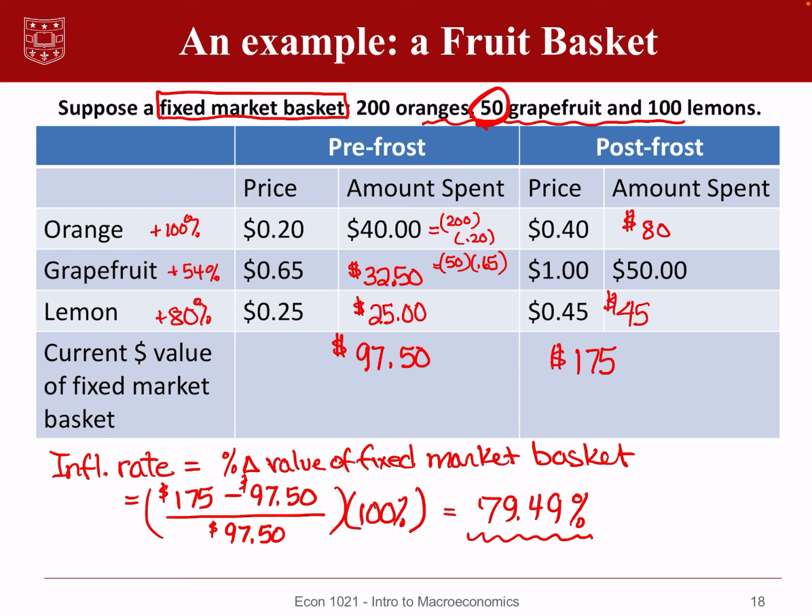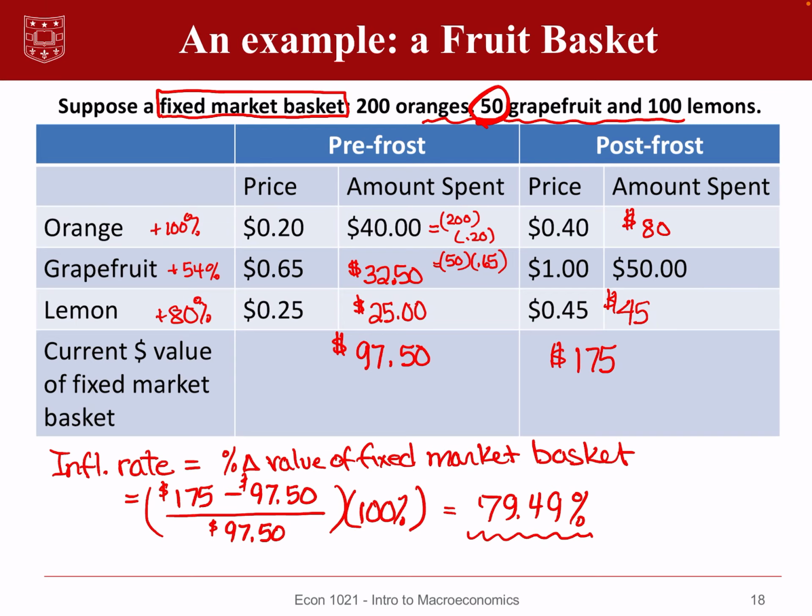So oranges doubled in price, and they're a big component in the market basket, and so that's why this number is a little bit on the higher side. So this would be how you would construct a simple example for the rate of inflation implied by the consumer price index.